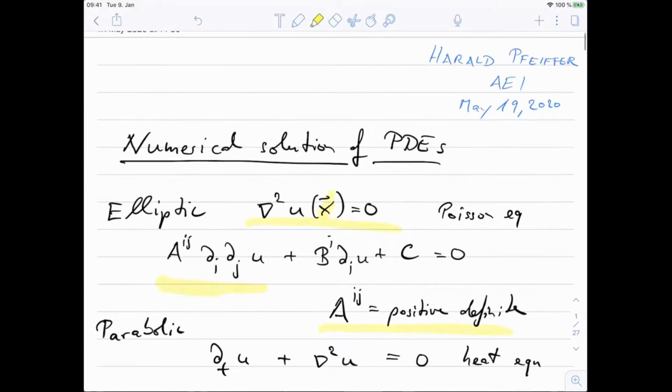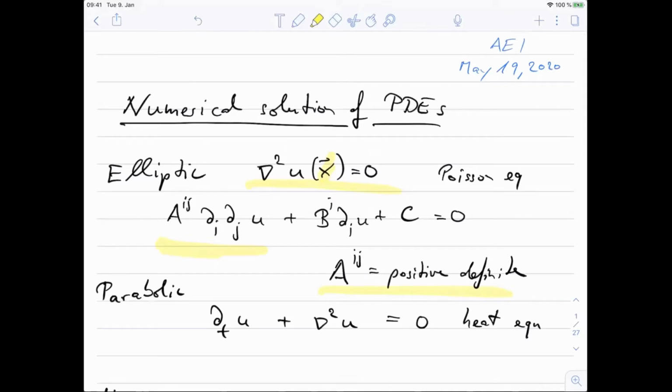The intermediate type I didn't get into yesterday at all, and won't either, are parabolic equations, where you have first time derivatives and second space derivatives, with the heat equation being the most typical example for this type of equation.